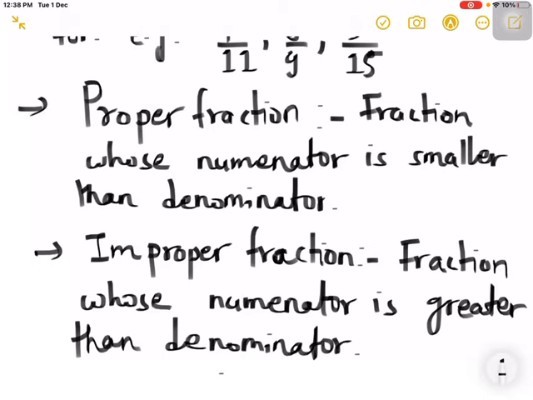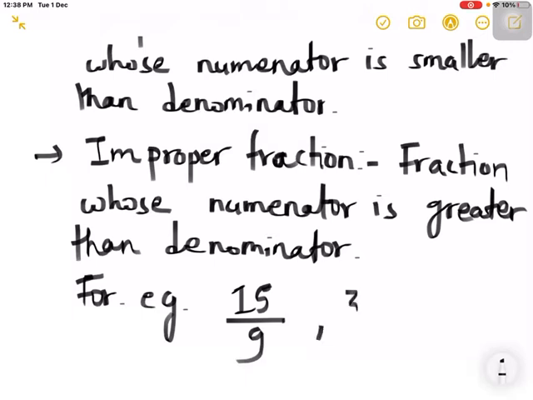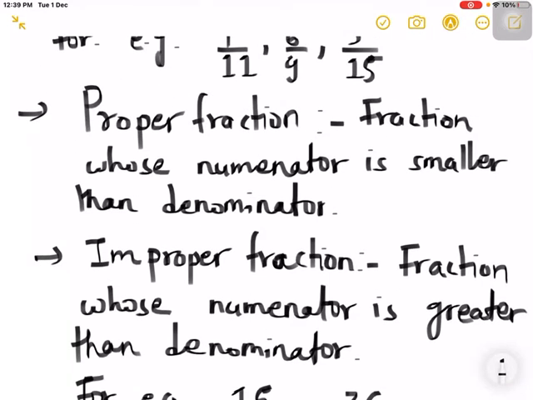For example, the numerator must be greater, so we can write 15 by 9 or 36 by 13. In a proper fraction the numerator is smaller, you can write 7 by 20. The numerator must be smaller than the denominator.